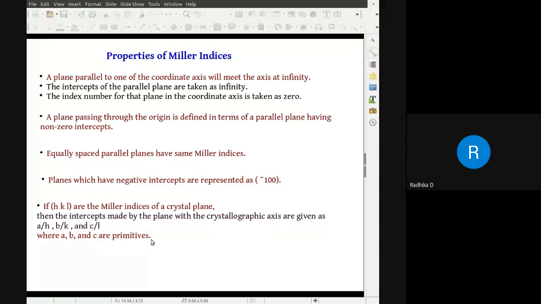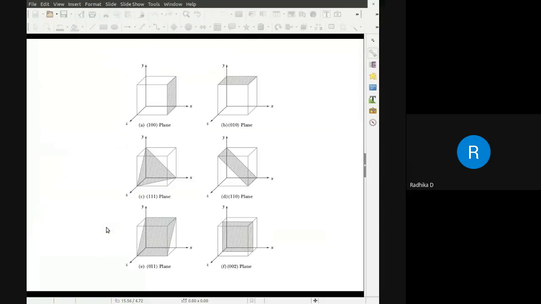Already you know that those are the lattice parameters, or you also call them primitives. A, B, C, alpha, beta, gamma, you should remember. In addition, you have HKL within brackets, that is the Miller indices. So intercepts will be a/h, b/k, and c/l.